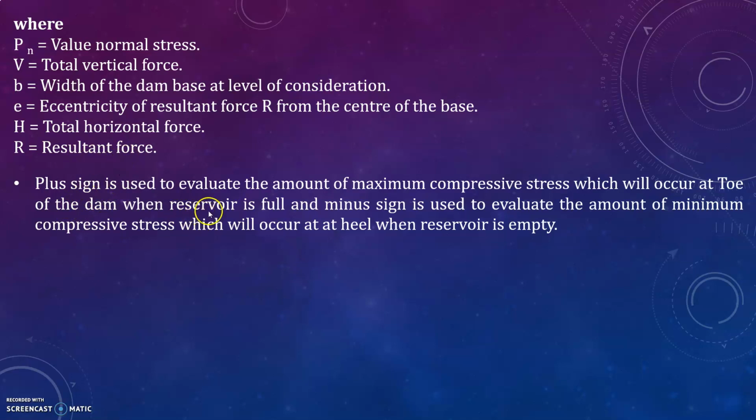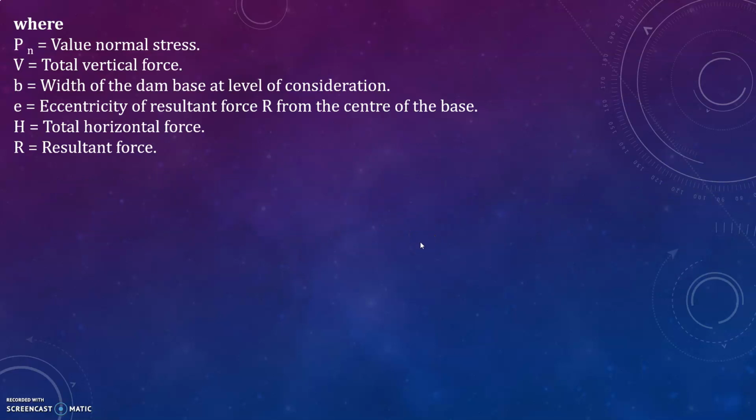Plus sign is used to evaluate the maximum compressive stress which will occur at toe of the dam when reservoir is full, and minus sign is used to evaluate the minimum compressive stress which will occur at heel when reservoir is empty.